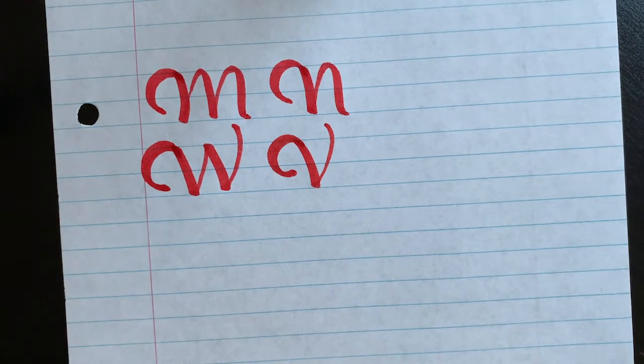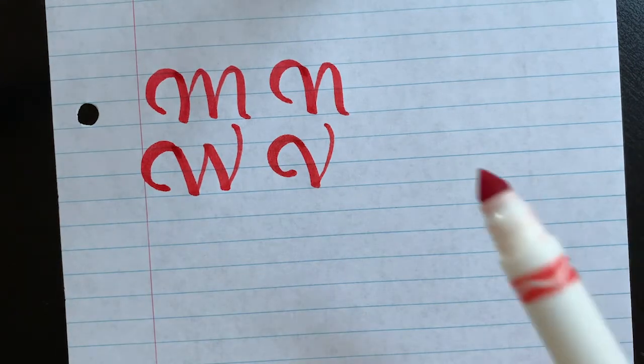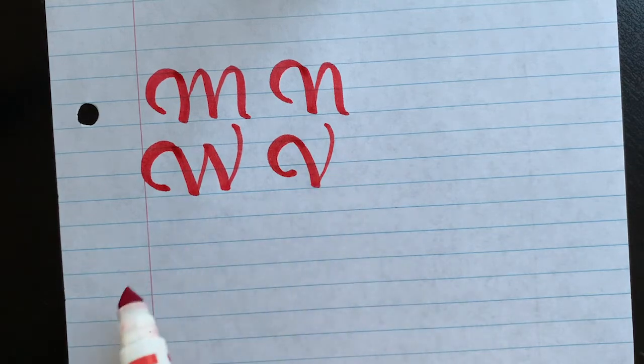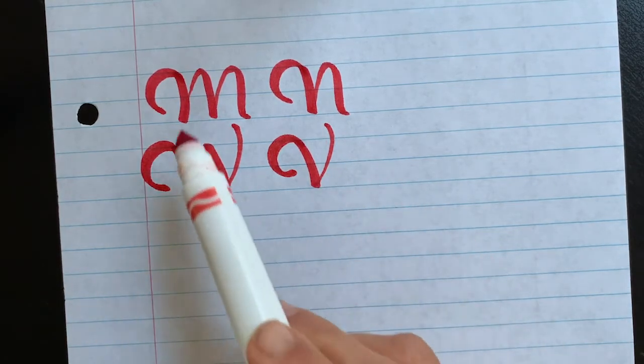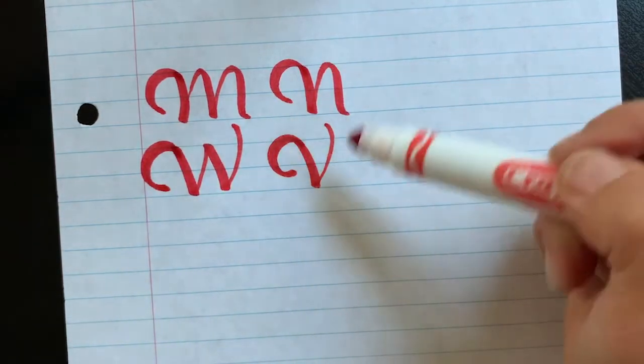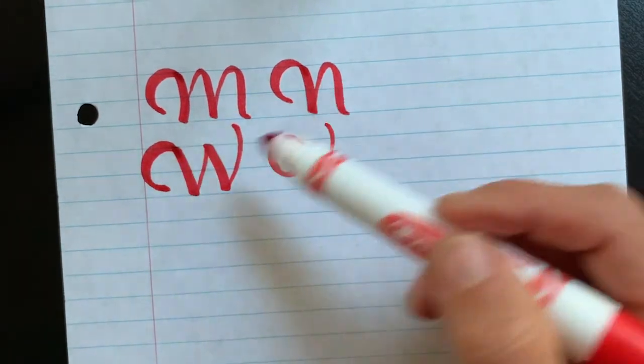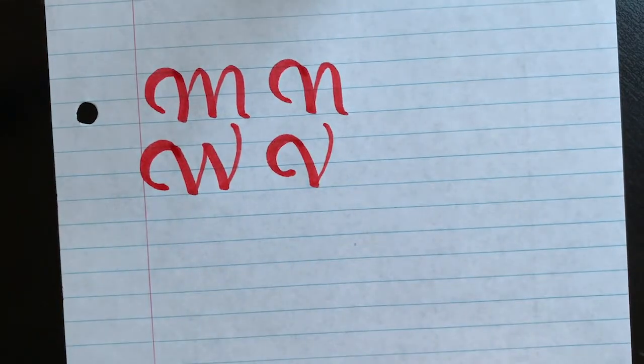And you can add what we call embellishments to other letters as well. I just find it fairly easy to do this curl on the ones that start with a nice downstroke, like the M and the W and the V.